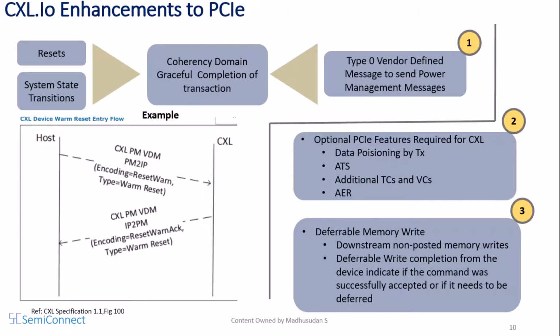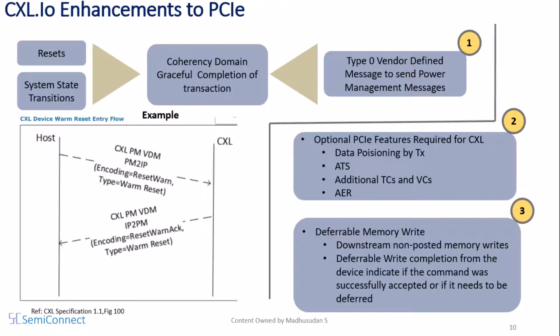So what are the enhancements that have been done to CXL.io? From here on there will be a little bit of detail, but let's still try to understand. Because we are talking about a coherency domain in the context of CXL, it is important for the CXL device to know about the system level resets and the system state and power transitions happening, right?